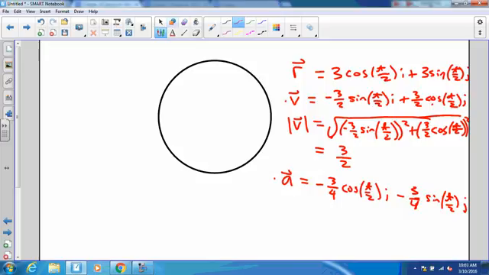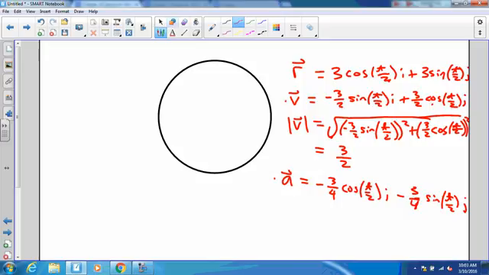Do you notice anything interesting about your r, your position, velocity, acceleration vectors? The coefficients here, yes, each are half, and that's because of your t/2. Good. Anything else? The sine. Plus or minus sign?